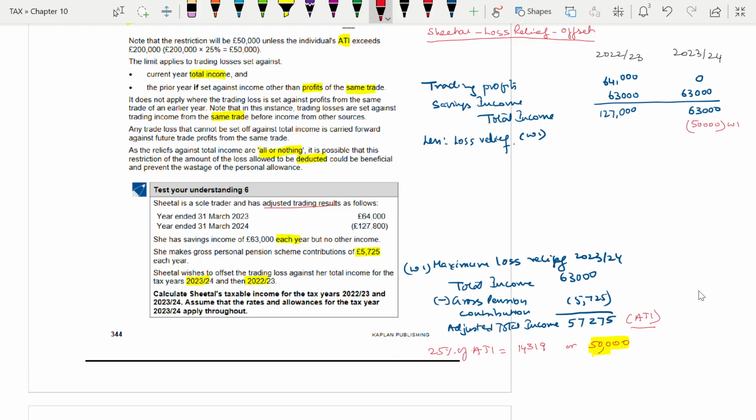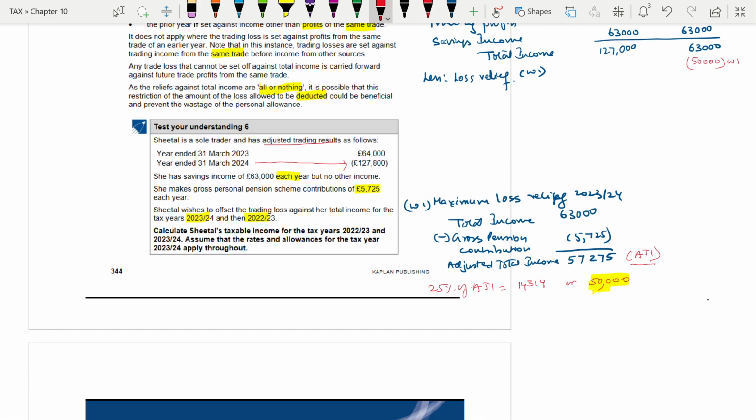Total loss is 127. She can recover 50,000. From which year? From this year. Same trade, you can recover in full.